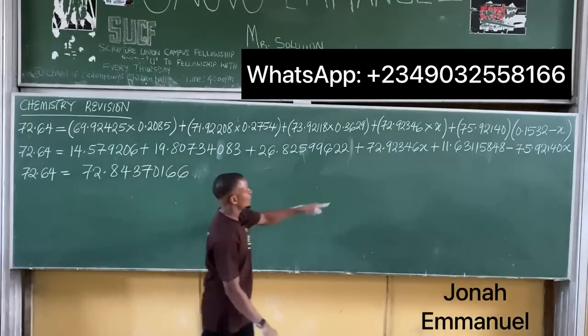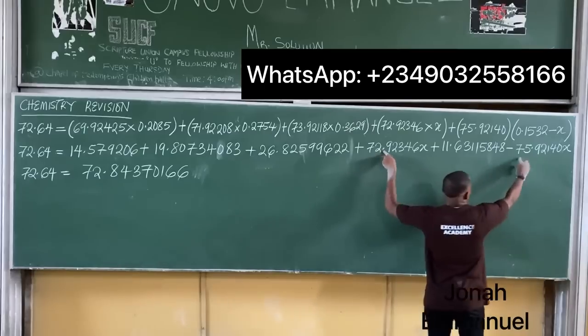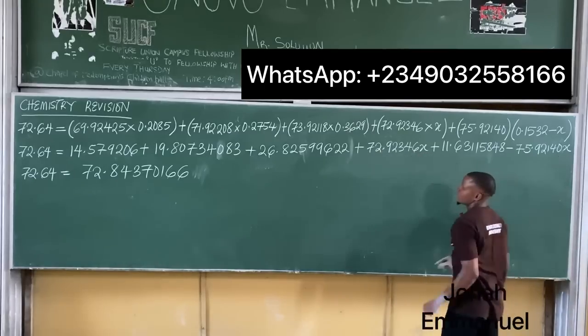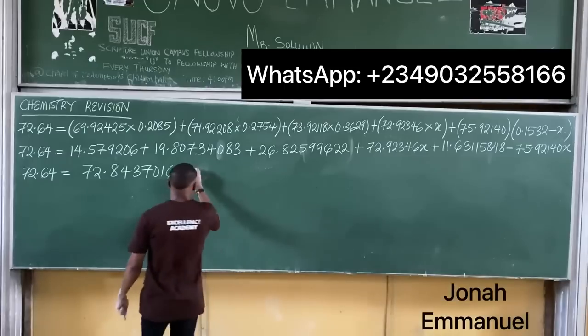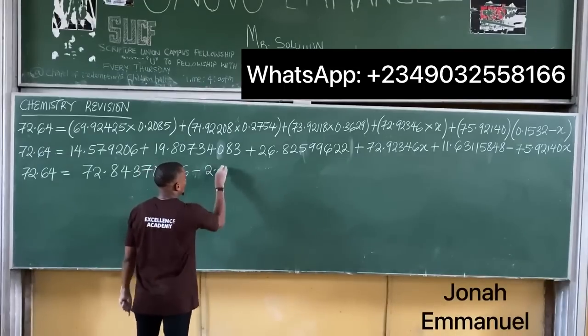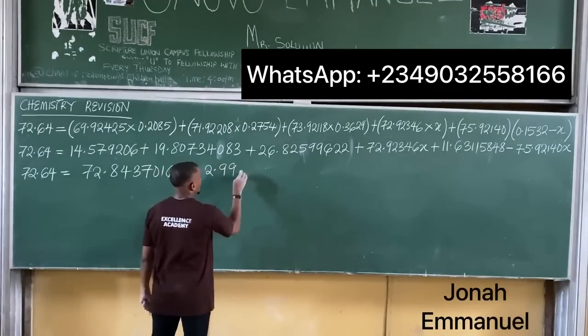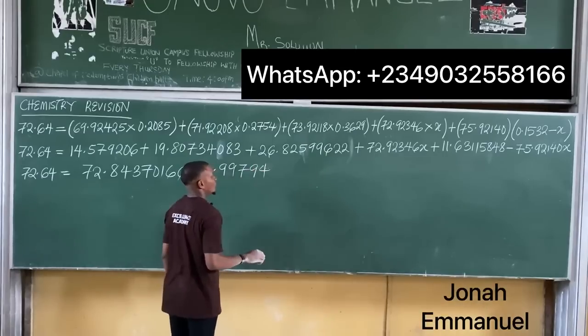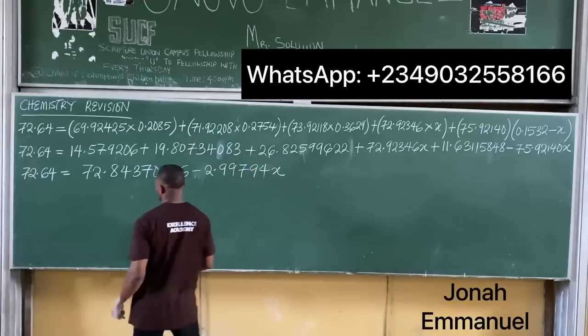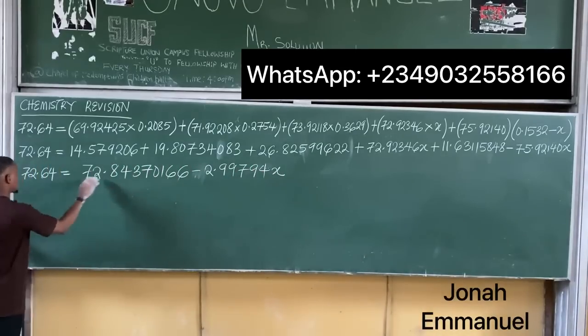Do the x's now. This one minus this under x. Minus 2.99794x. All right, let's get x. Move this man over here.